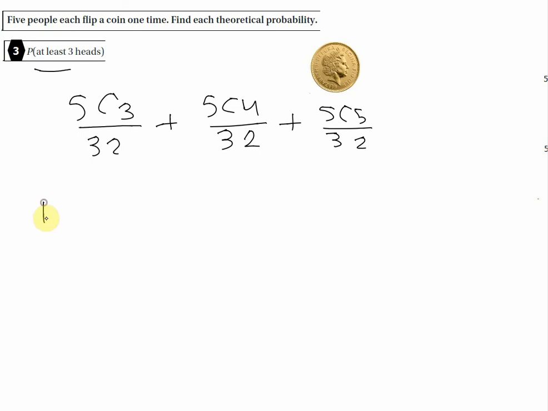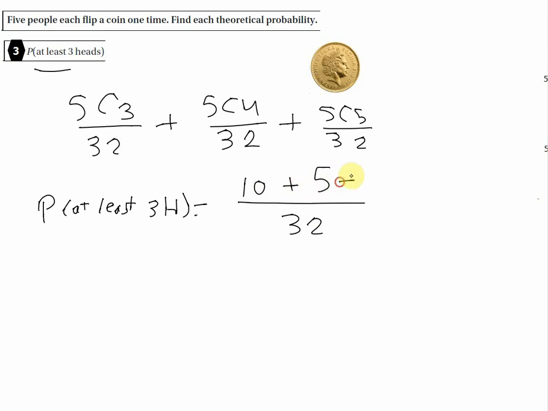Now the required probability, at least 3 heads, equals 5C3 over 32 plus 5C4 over 32 plus 5C5 over 32, which is 10 plus 5 plus 1, which means 16 over 32. Or we can simply write this probability as 0.5, because it is just half. This is the probability of getting at least 3 heads.